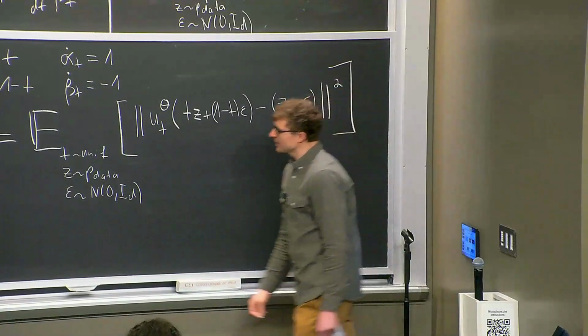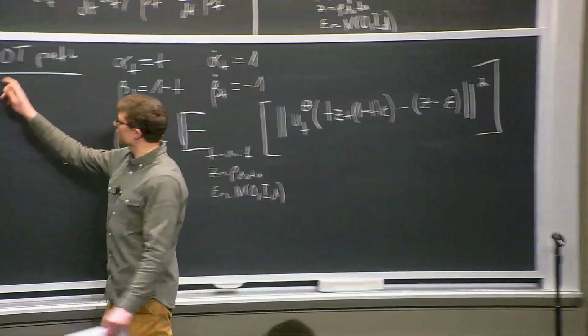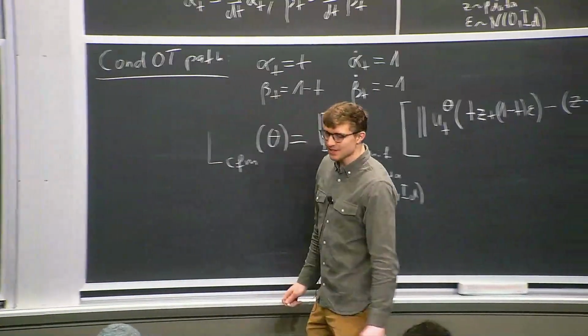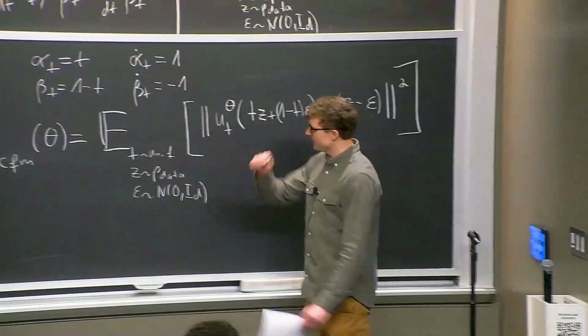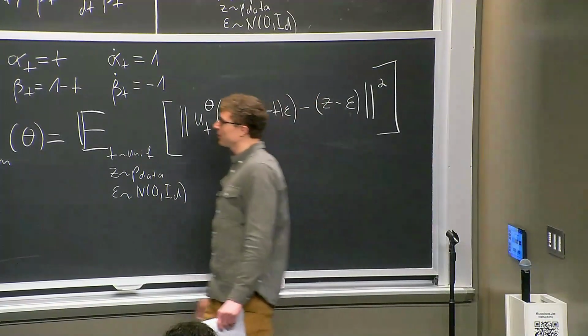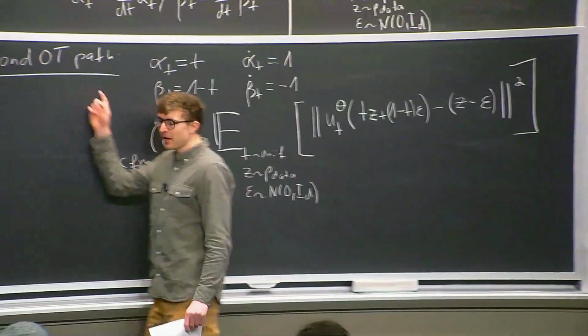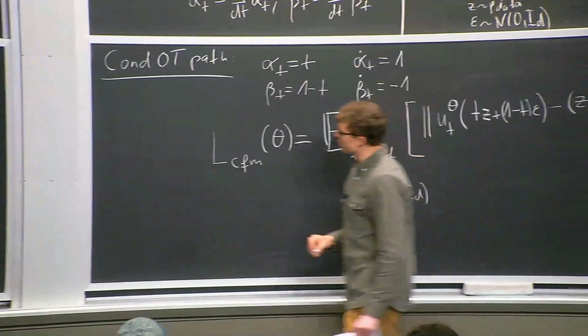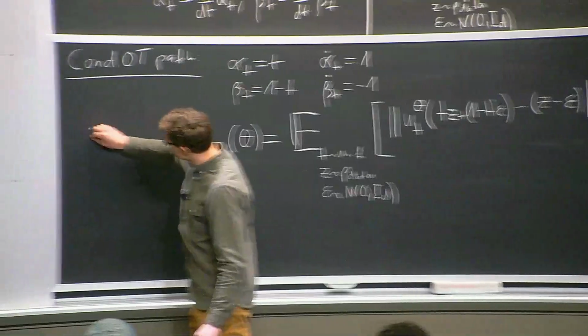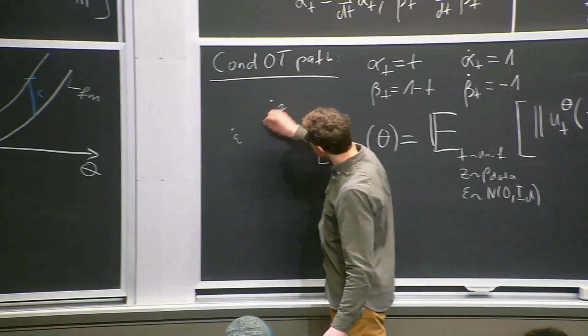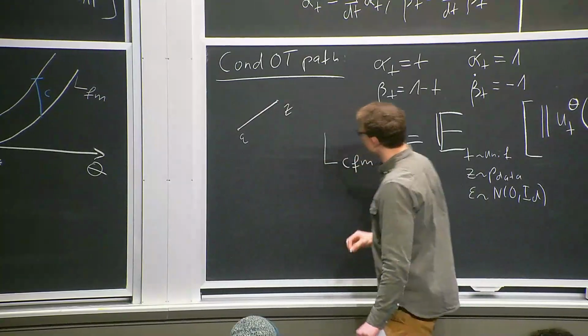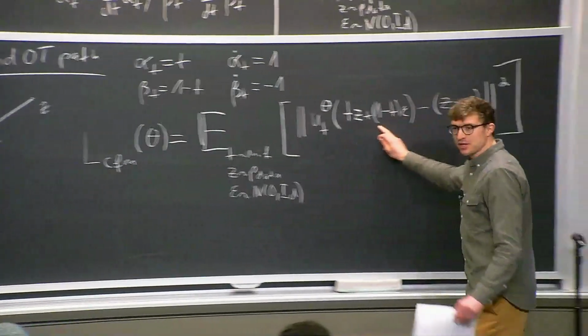This choice has a specific name, as an aside. It's called the cond-OT path. That's related to the idea that, conditionally on a specific data point, this is the optimal transport path, because this basically corresponds to a straight line between noise and data.